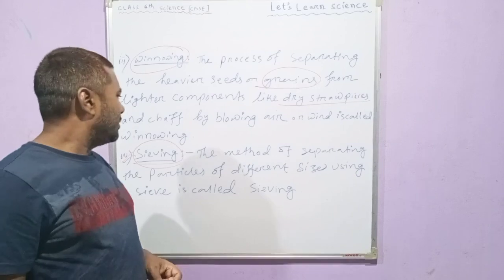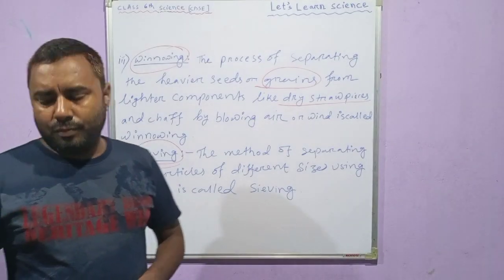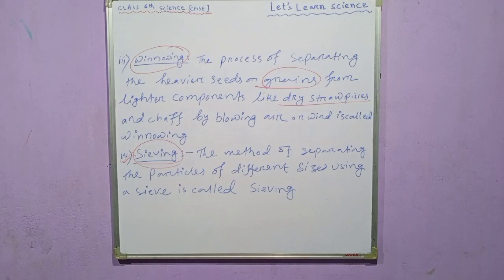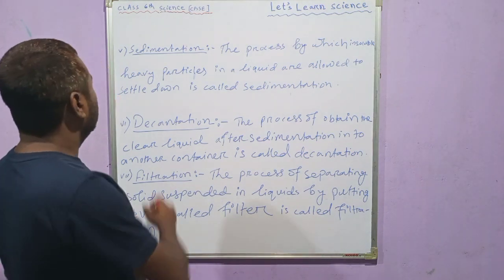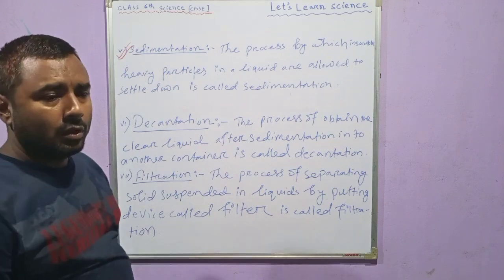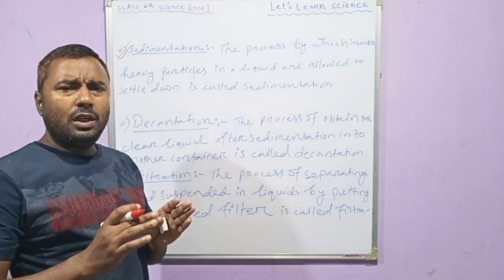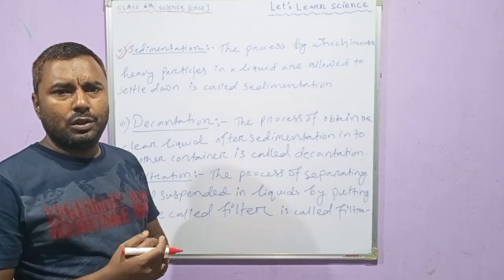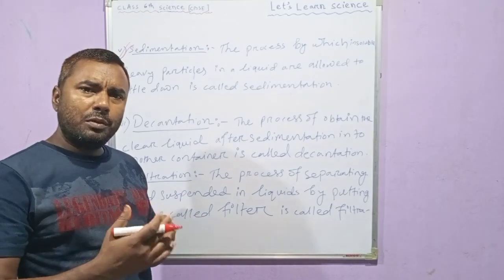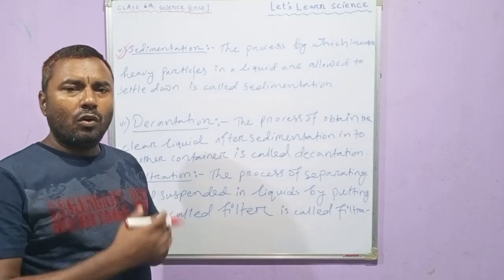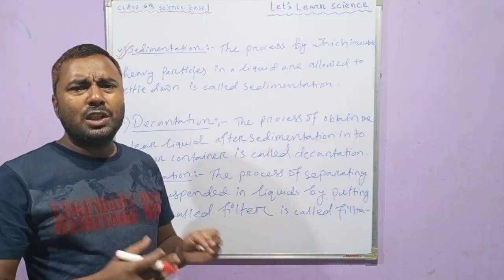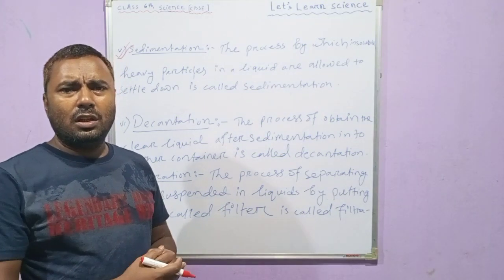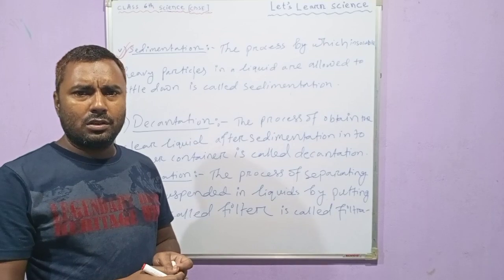Now let's see some other methods of separation. Our next process is sedimentation. In case of a mixture of solid and liquid, hand picking, winnowing, threshing, sieving, these processes don't work. These methods are not able to separate the components of the mixture.